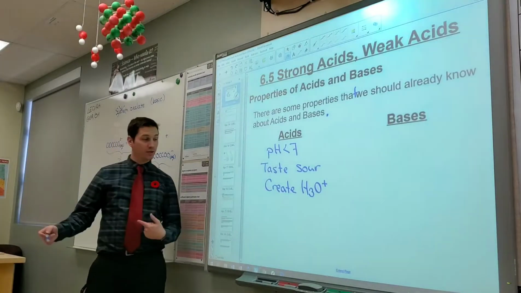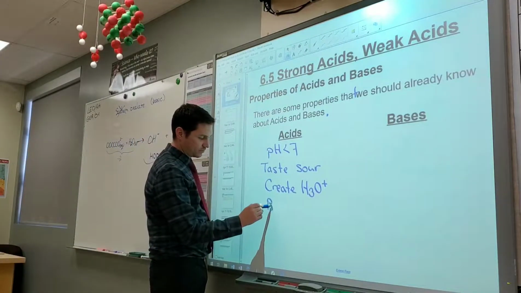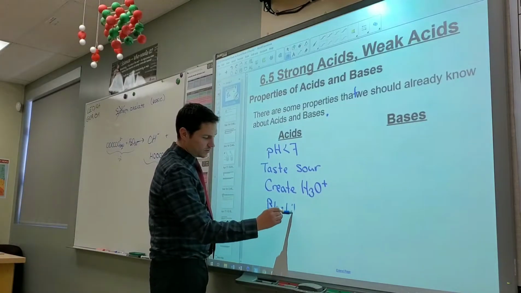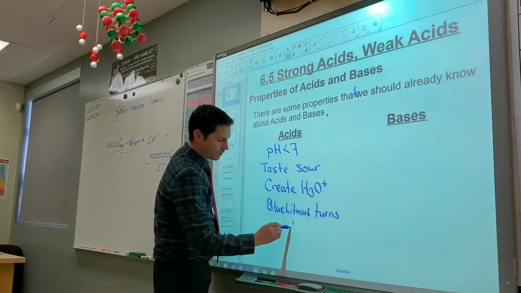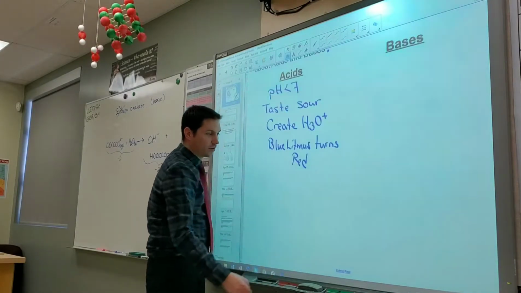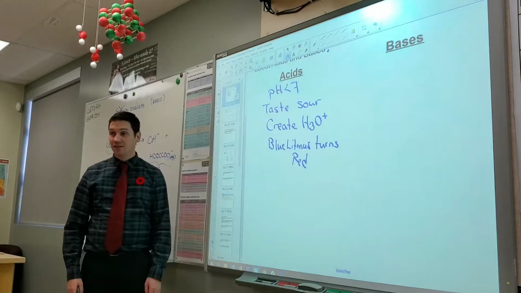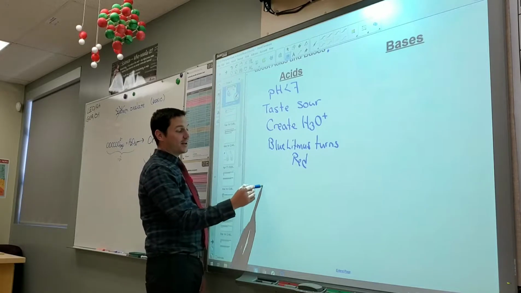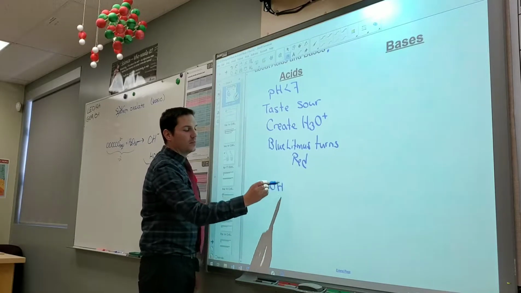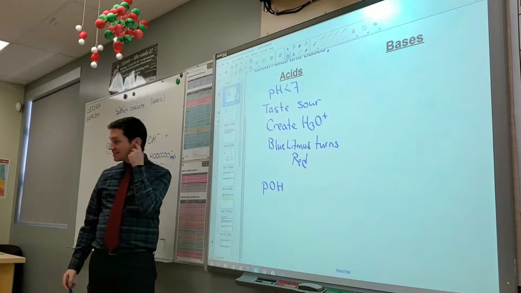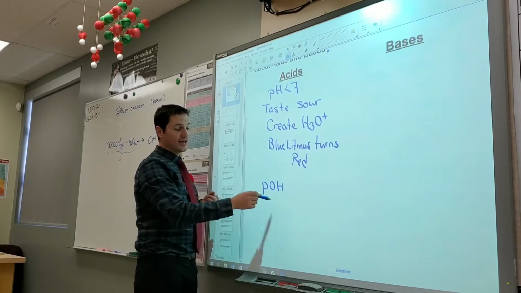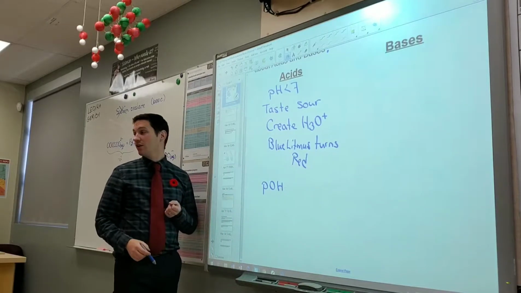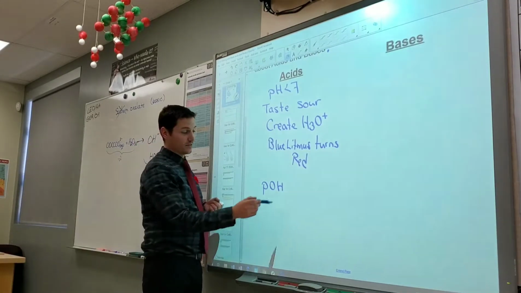Anything else? They turn blue litmus red, right? Blue litmus turns red. What was that, Stephanie? Because it has a pH of less than 7, by association, it should have a pH of greater than 7.